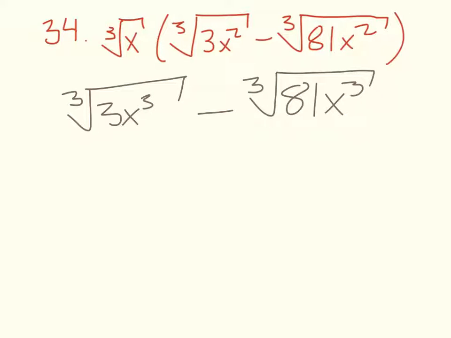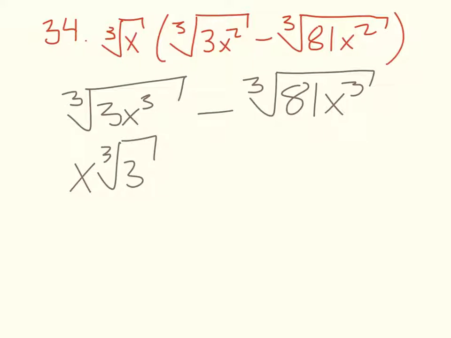So now we got to go about simplifying it. What size groups are we looking for? 3. Do we have any in the first one? Okay, so what's the first term become? X cube root of 3. Good. Okay, so yeah, you got to break down 81, right?